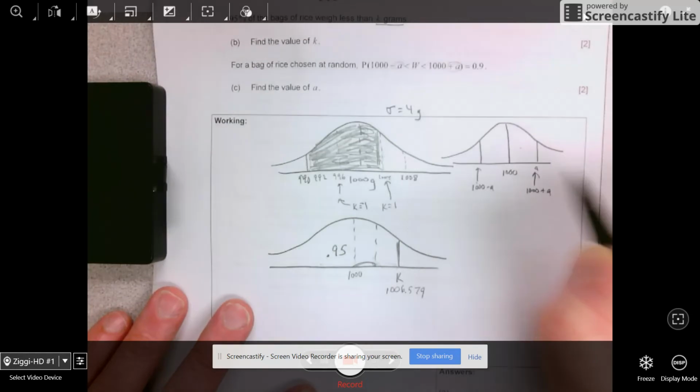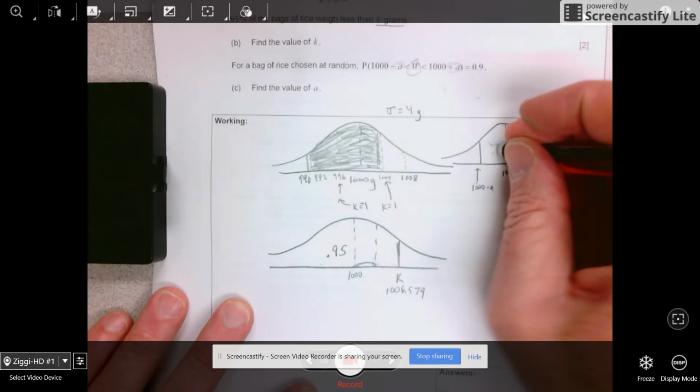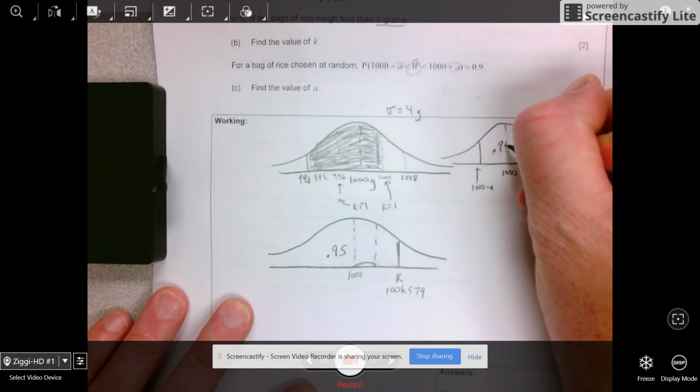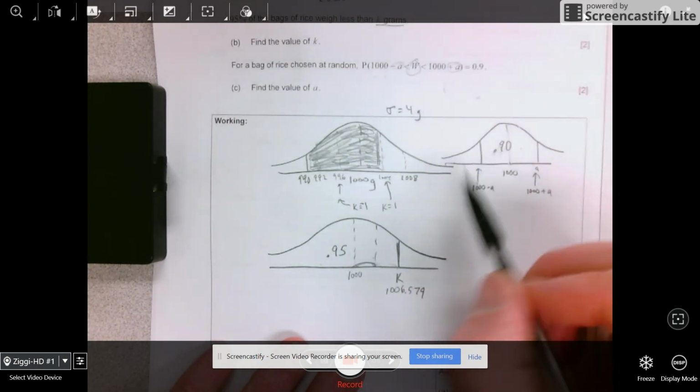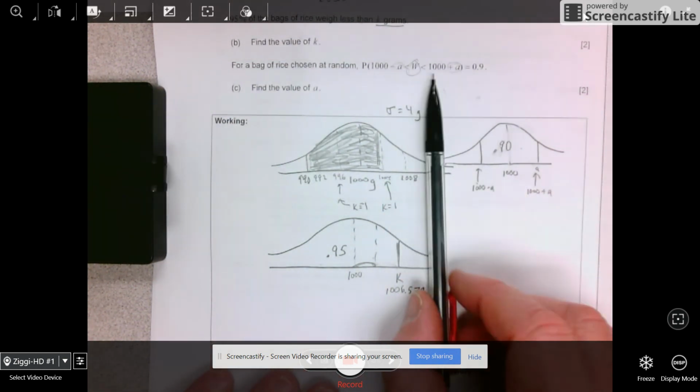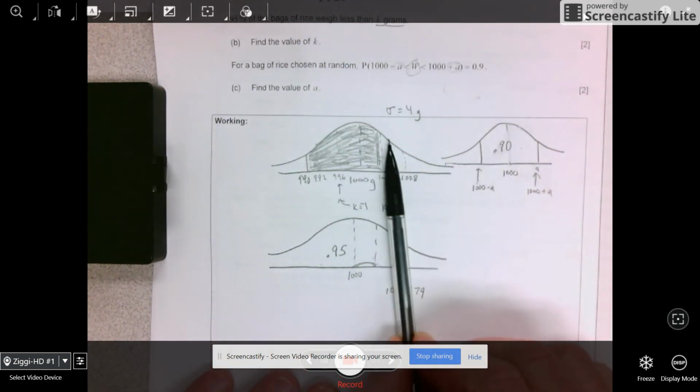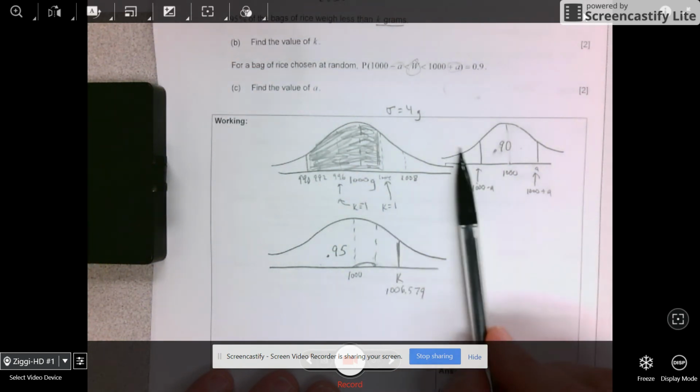Now this presents a little bit of a problem, because our calculator can tell us, when we know the probability, the value from left to right. And when we know the ranges, it can tell us the probability, but we're not starting at 0 here. So you have to use the fact that the whole thing adds up to 1. There's 10% left, or 0.1. That means there's 0.05 here and 0.05 here.